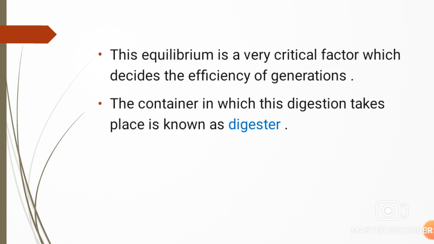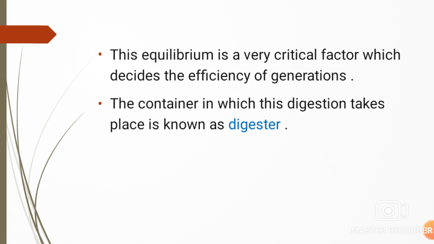That means when there is a proper proportion, the proper dynamic equilibrium between the acid formers and the methane fermenters, then there is very good efficiency of biogas generation. The efficiency of the plant depends on the acid formers and methane fermenters.